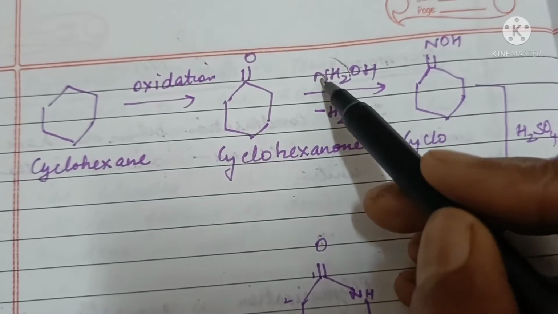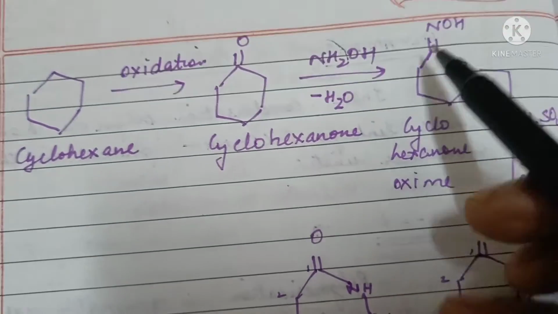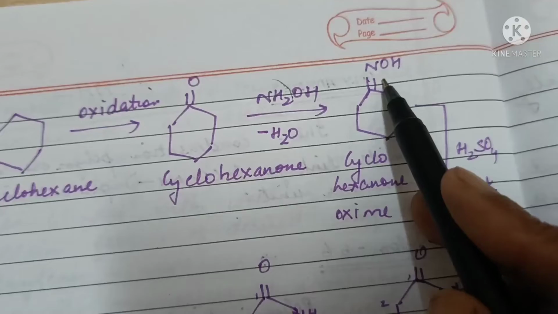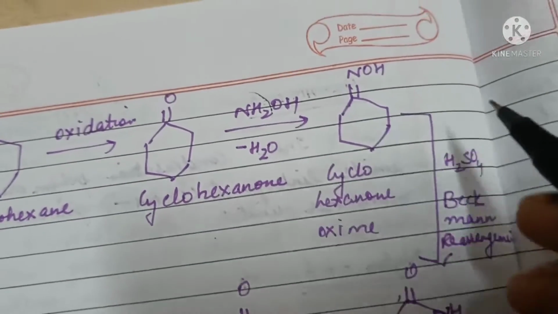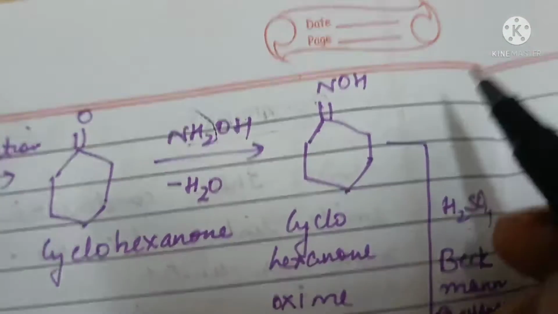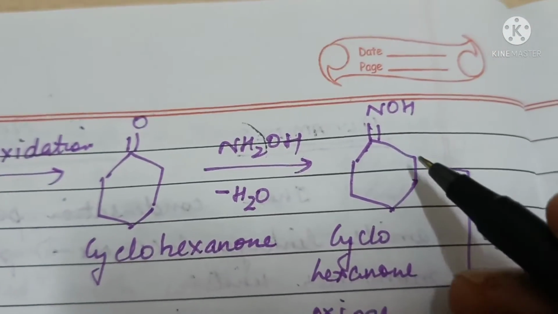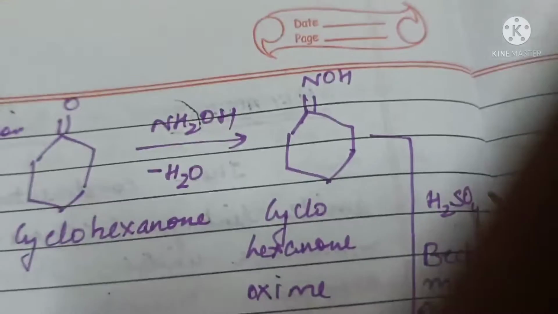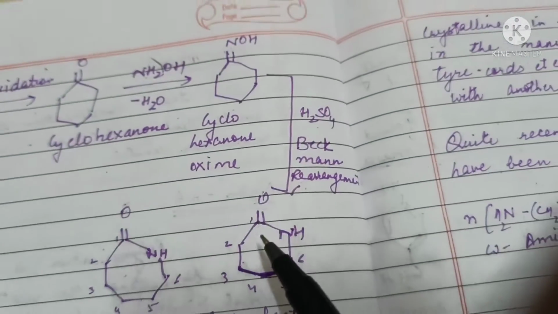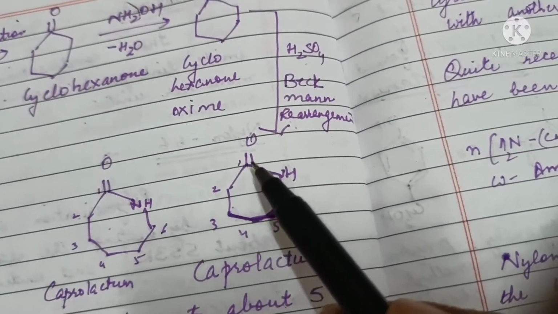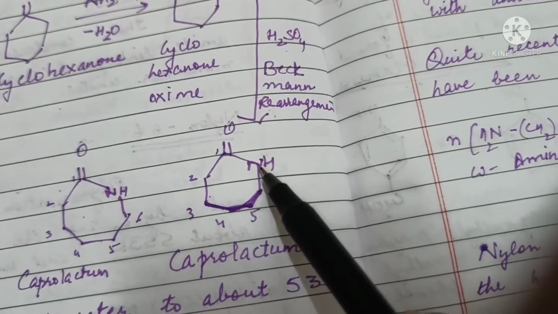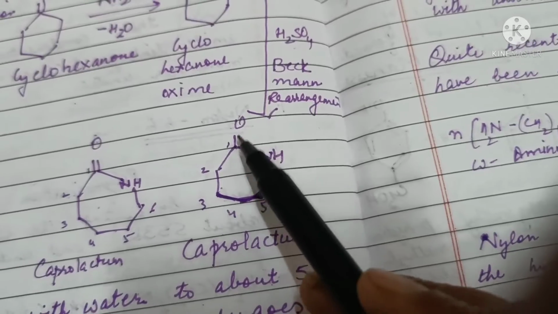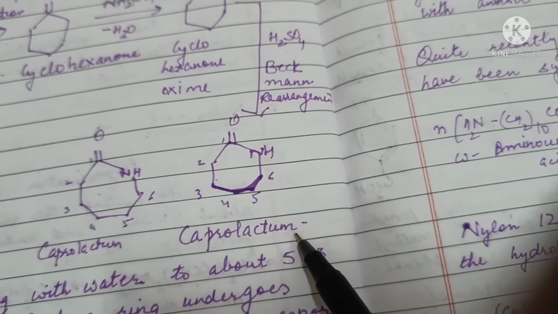Water will be eliminated and NOH group gets attached, so cyclohexanone oxime is formed. This, on reacting with sulfuric acid, undergoes Beckmann's rearrangement, where the NH comes here and double bond O here. So a compound is formed with 7-membered ring, 6 carbons and 7th NH, and this is cyclic with double bond O. It is called caprolactam.